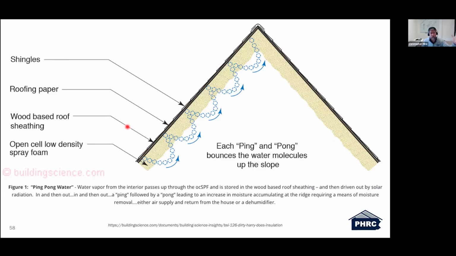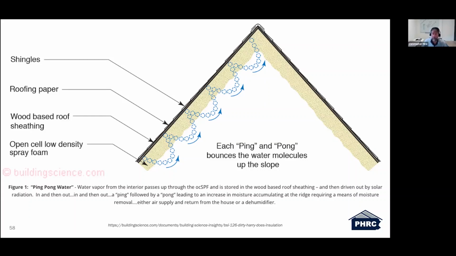Then during the day, it's driven back out into that attic assembly, or it doesn't have to be attic. We could have drywall in this location. So it's driven to the drywall and then again pushed back in the evening, creating a ping pong effect. And then you have all of this moisture being concentrated into the ridge area, which then can lead to moisture concerns.